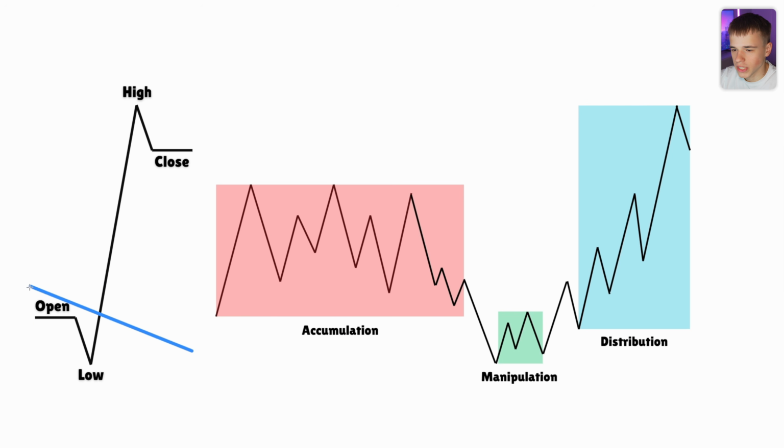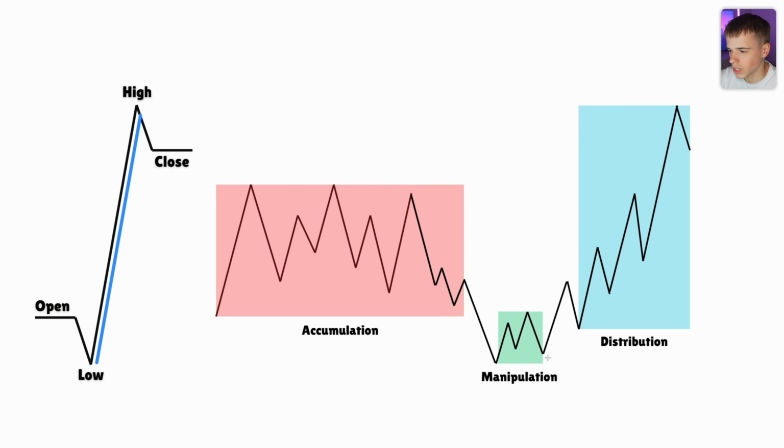And believe it or not, all of this happens in a single candle. You can see right here, this is the reference candle that we have, and when the market opens, we basically accumulate in the market, and when we accumulate enough, creating a body, we generate the wick to the downside, which basically represents the manipulation phase. You can see the manipulation phase right here, and after we get that manipulation towards the downside, sweeping everybody out of the accumulation phase, what we finally get is the distribution towards the upside.